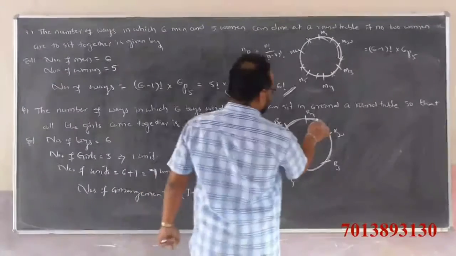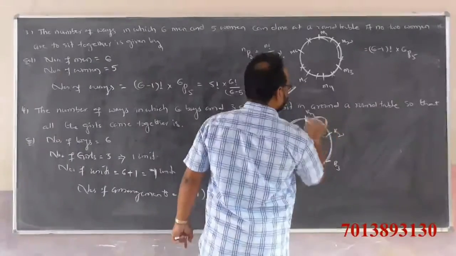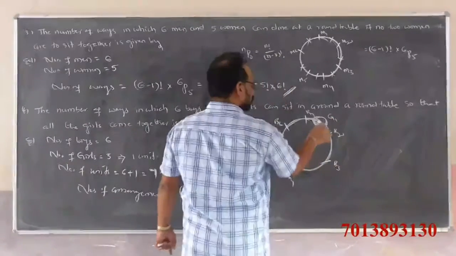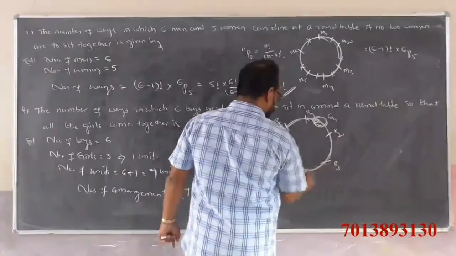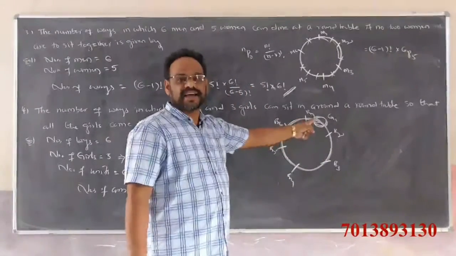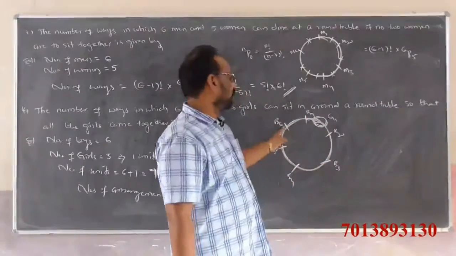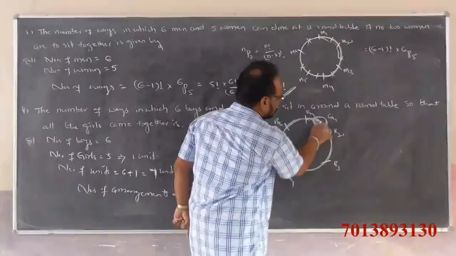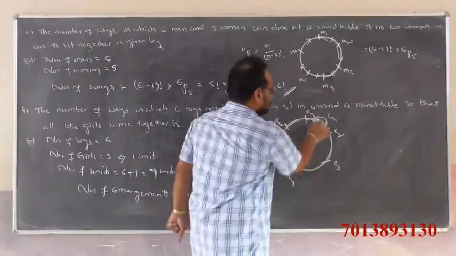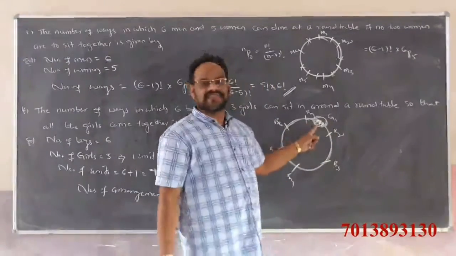So in total 1, 2, 3, 4, 5, 6, 7, so 7 units. The 3 girls compulsorily sit here only. Come together means the 3 girls compulsorily sit beside each other.